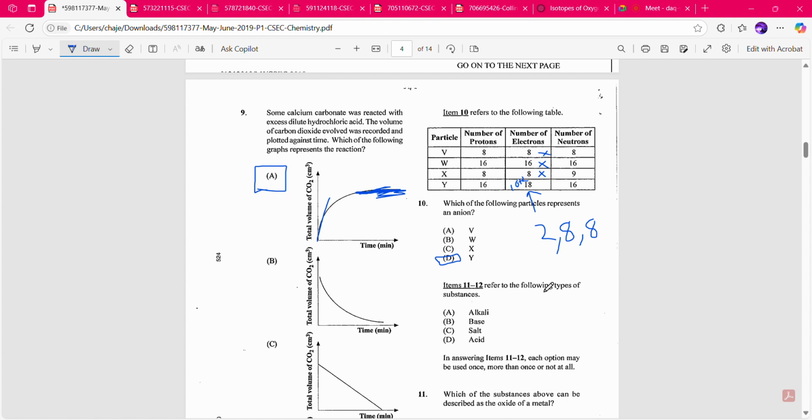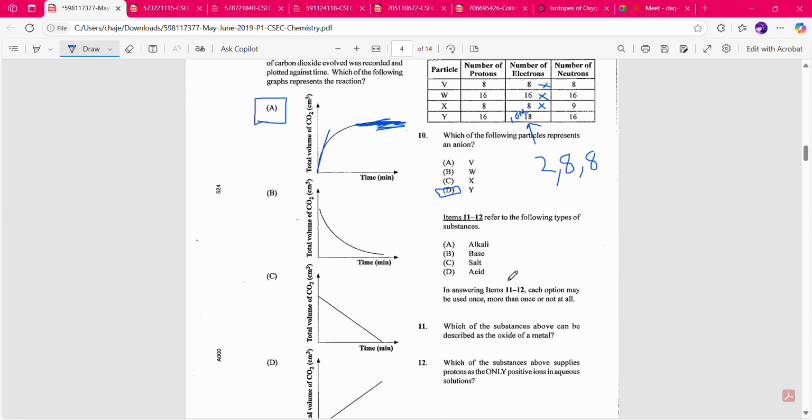So I'm just gonna double check this one to make sure. Alright, so yes, it's fine. Number 10, D is the correct answer. Yes, it is. So our reasoning is correct.